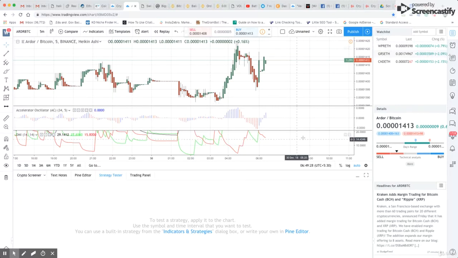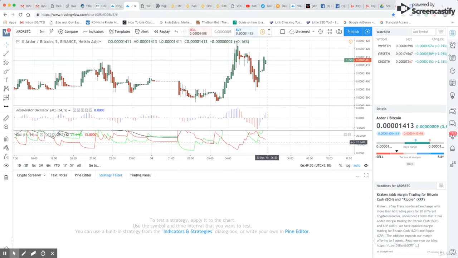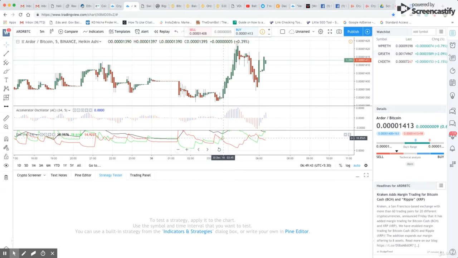So let's say you are going to exit when it hits the 20-point mark. You can see you have taken the trade here somewhere, and in this candle it went above the 20-point mark. Here it was nearly 29. But still, as you can see here, this was the starting of the trend. As per the accelerator oscillator, this was the first blue bar on the top.